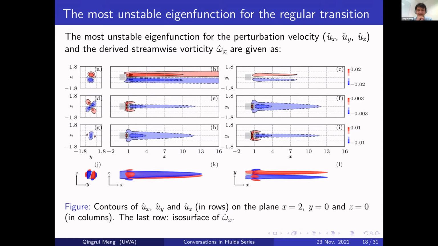So we think this is not a representative eigenfunction, because for the regular bifurcation, with the information we already obtained from the pitchfork bifurcation model, the linear disturbance should grow bounded within the unstable eigenspace.